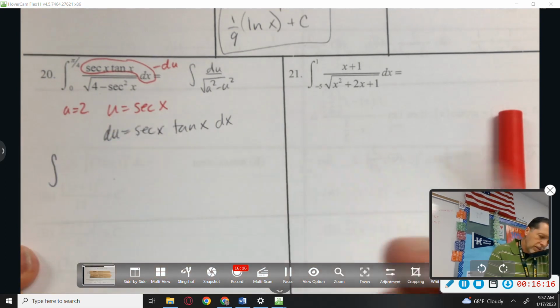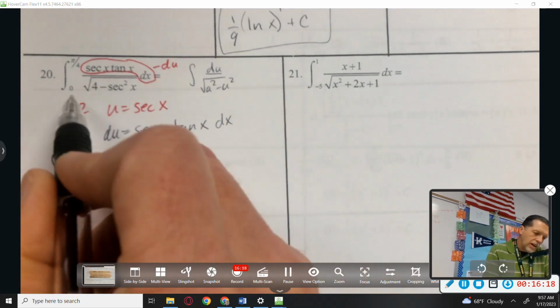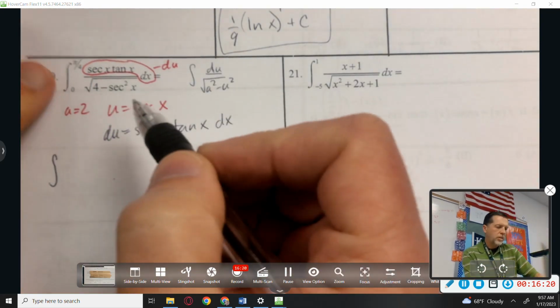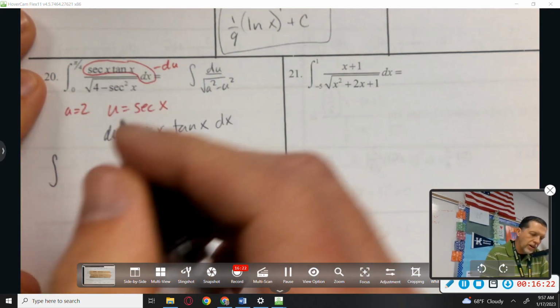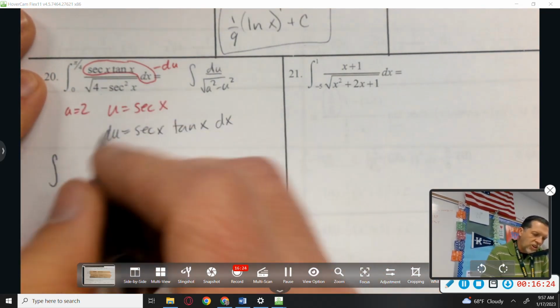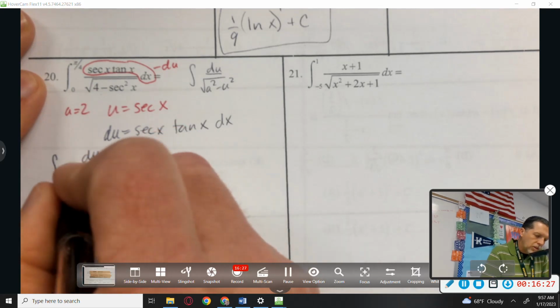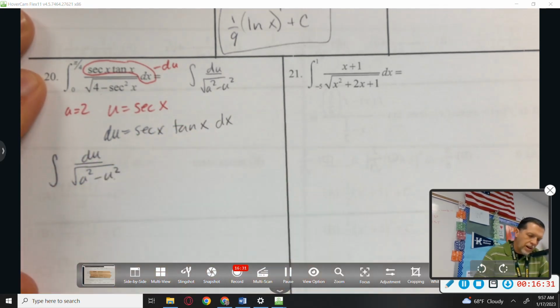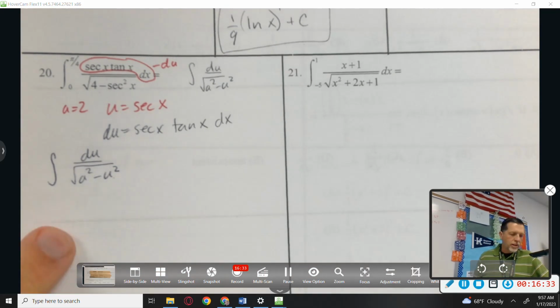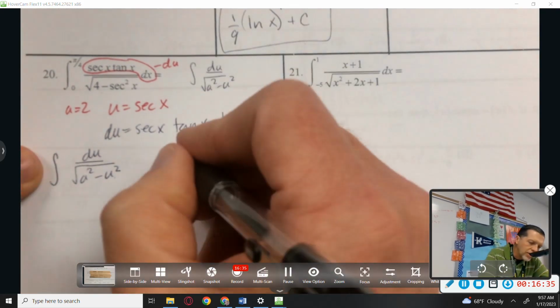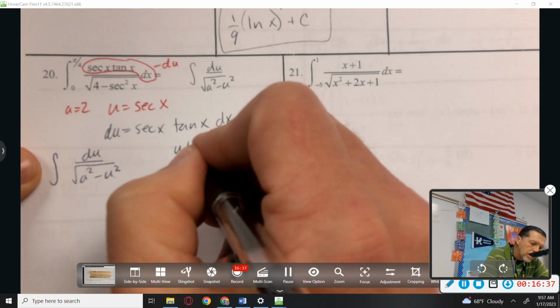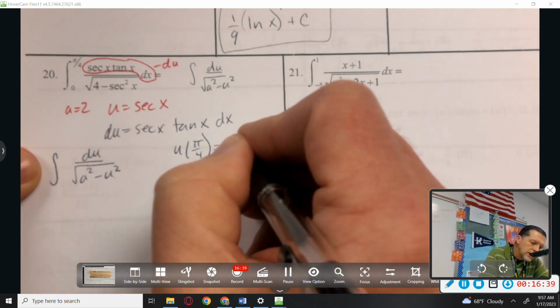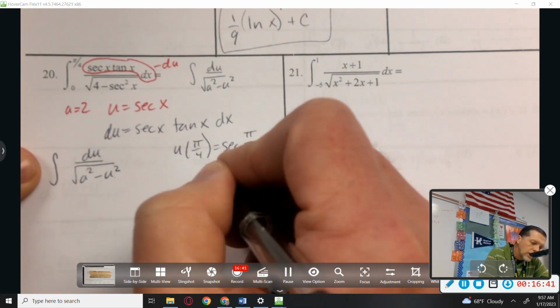So antiderivative. Careful with the limits again. We're switching, so I don't want 0 and pi over 4 there. I'm going to have to change those. Du over square root of a squared minus u squared. And now it looks exactly like arc sine. So I know that's arc sine, but let's find those limits here. Secant of pi over 4.